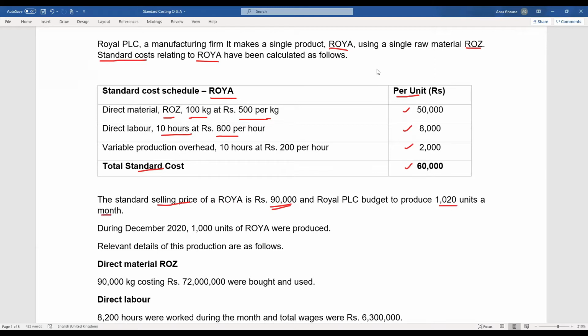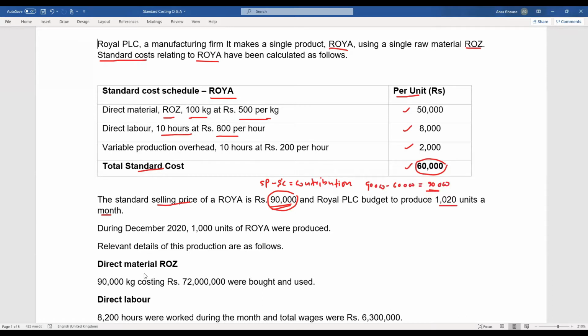As you can see, the selling price per unit is 90,000, whereas the standard cost of producing one unit is 60,000. So selling price minus standard cost will be the contribution. This is the budgeted contribution, which is 90,000 minus 60,000, so 30,000.